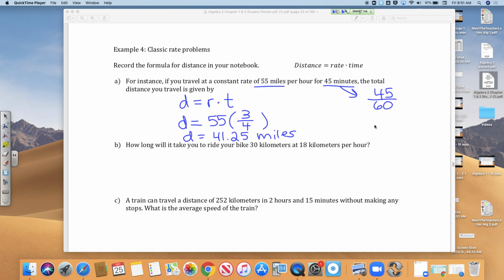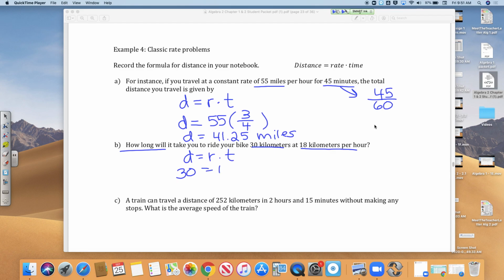Letter B is a little bit different than letter A. In letter B, we're still using the formula D equals R times T. But now we're looking for how long will it take. So we're looking to find time here in this problem. If we bike 30 kilometers at a rate of 18 kilometers per hour, so my distance is going to be 30 since we are riding 30 kilometers.